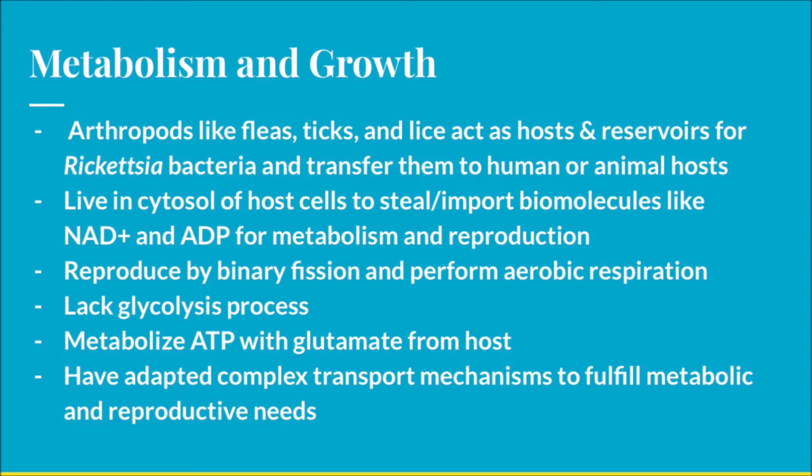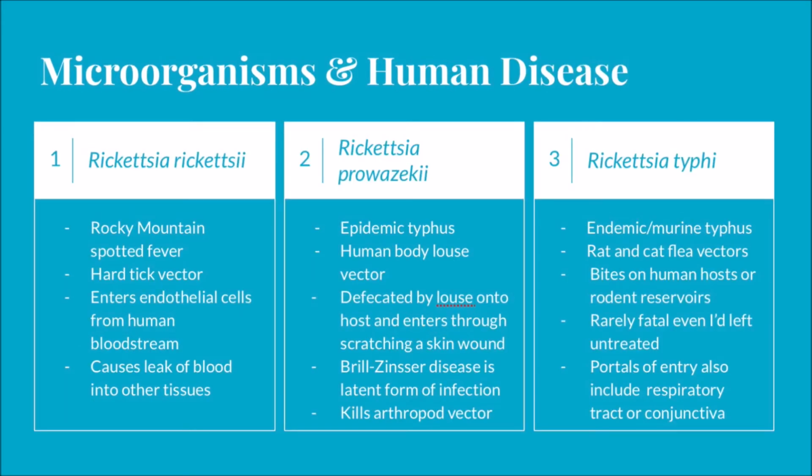Rickettsia are also able to metabolize ATP using glutamate from their host. They also have adapted complex transport mechanisms to help fulfill their metabolic and reproductive needs, since they depend on these eukaryotic host cells. These 3 microorganisms reflect those notable in transmission of human disease with regard to Rickettsia bacteria.